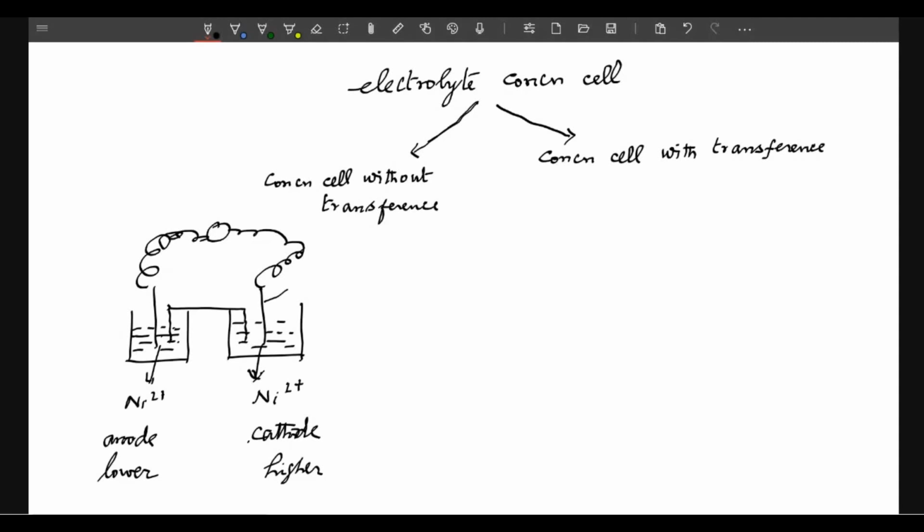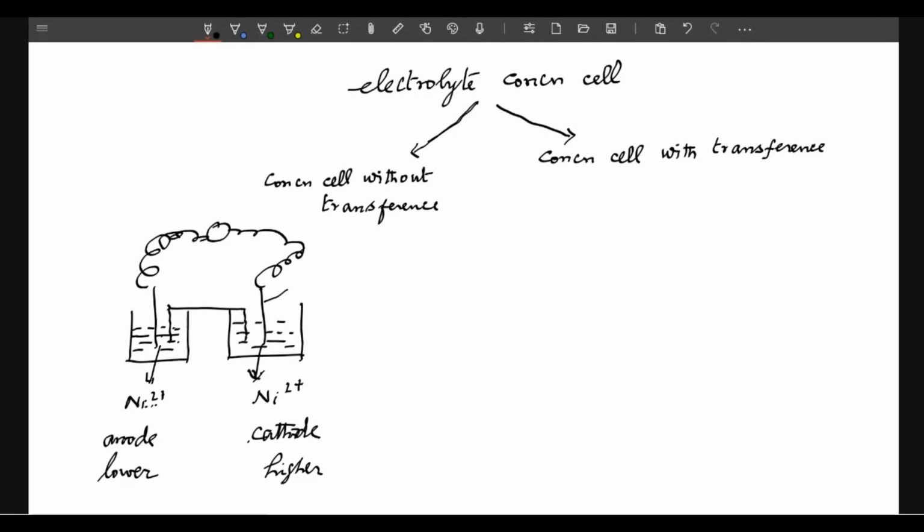Which ions are moving? Nickel ion would not be moving here. An equivalent amount of the cation present in the salt bridge would be moving towards the cathode. Here the liquid salt bridge is used.